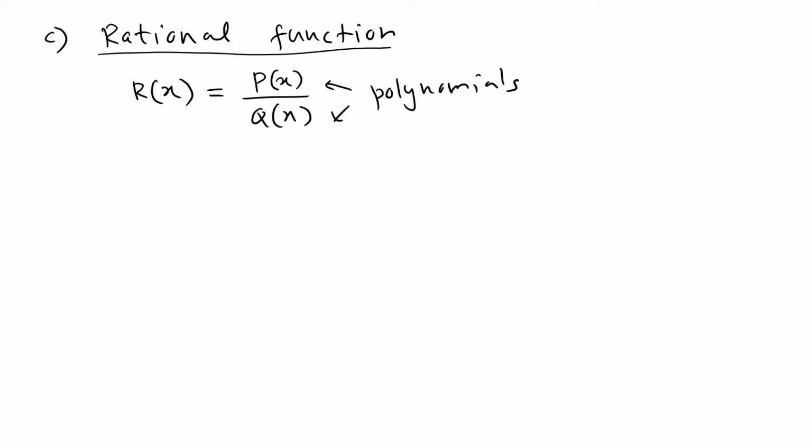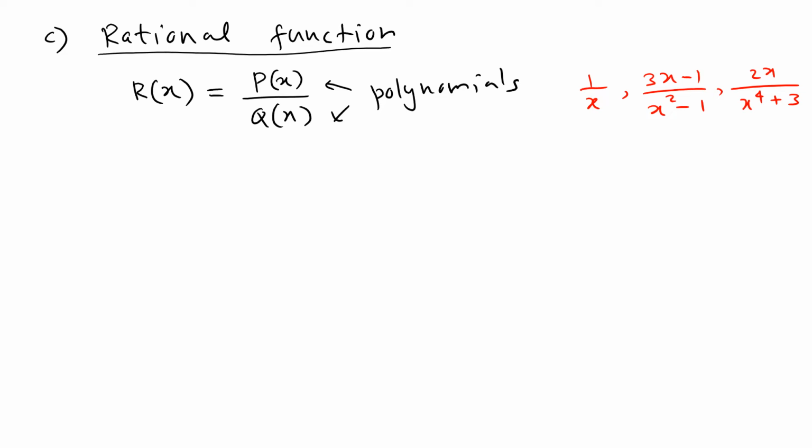For example, 1 over x is a rational function. 3x minus 1 over x squared minus 1 is a rational function. Maybe 2x over x to the fourth plus 3 is a rational function. What you need to worry about in these cases is the domain, because we need to avoid division by 0.